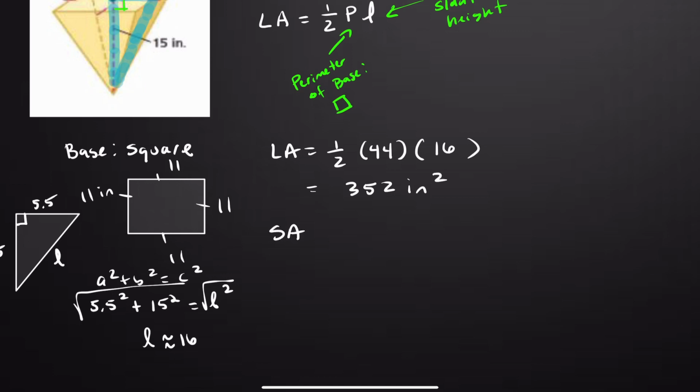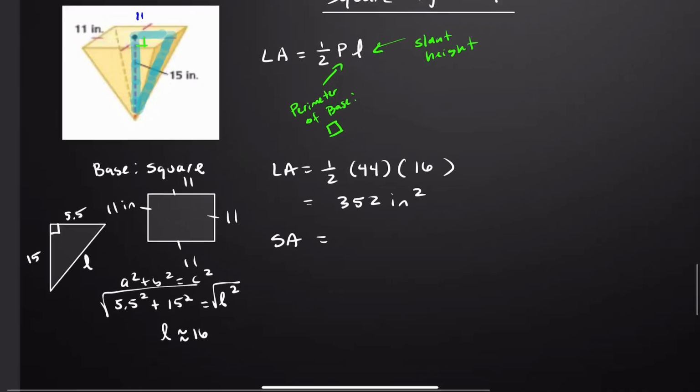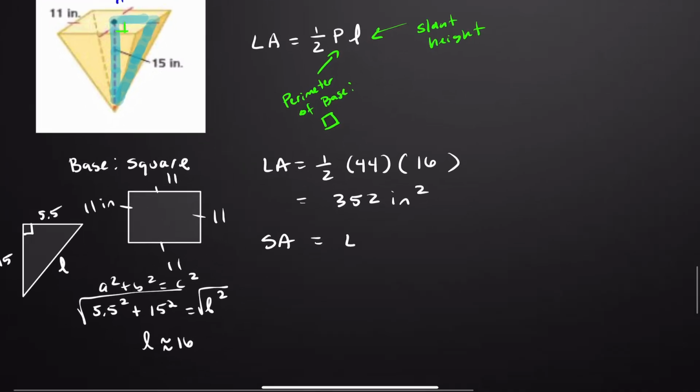And then the surface area is the lateral area plus, well, how many bases do we have here? Well, we only have one, so instead of putting 2 times the area of the base, I only put 1, because we only have one base here. The lateral area is 352.